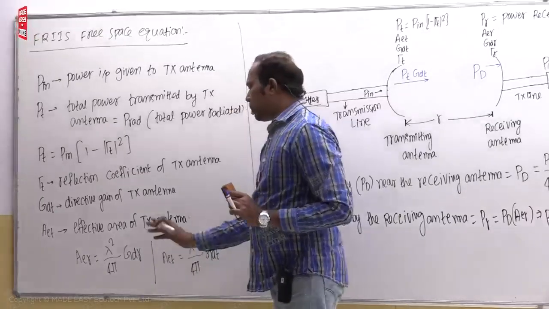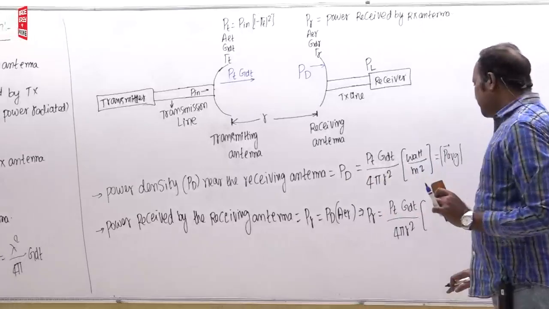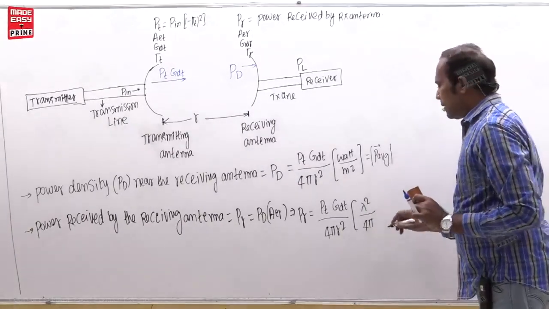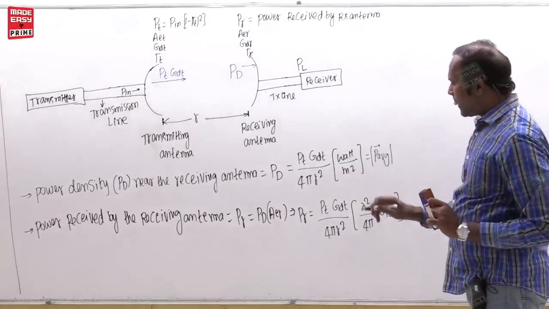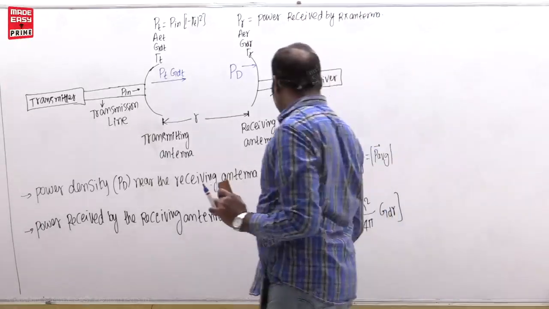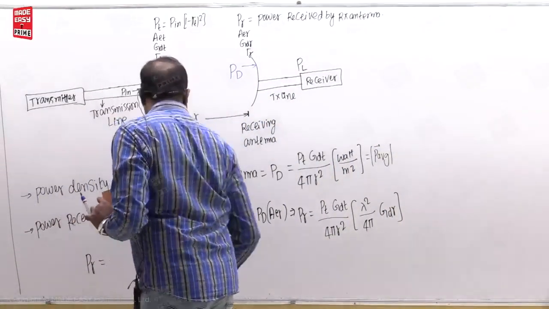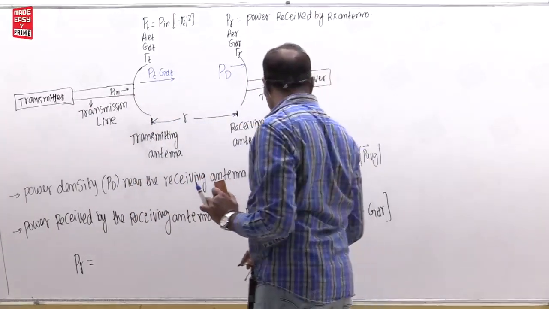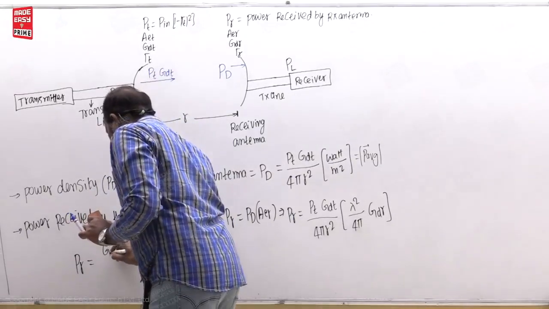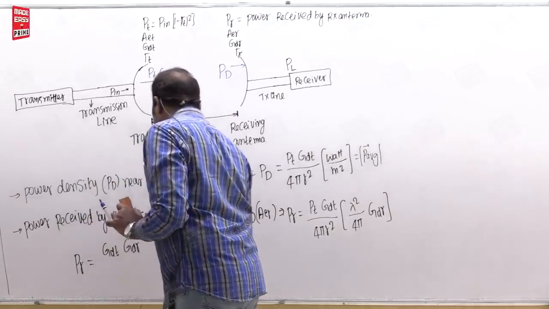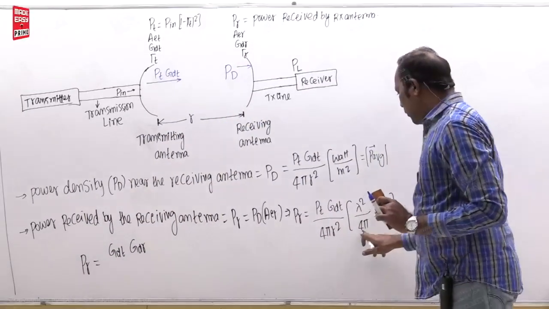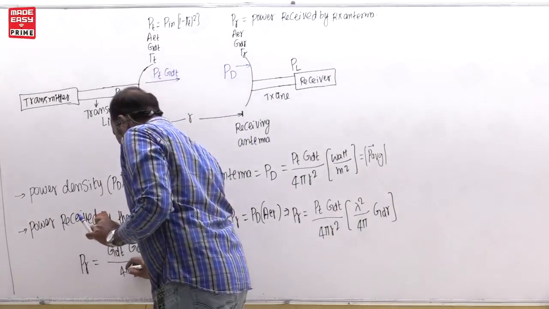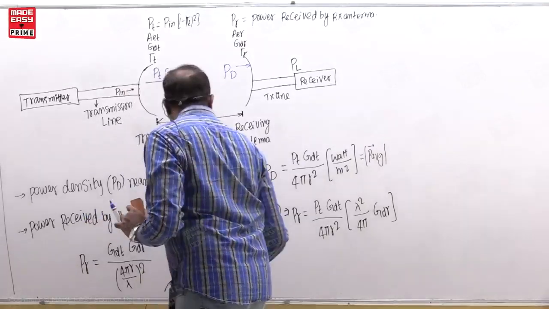Generally GDT is equal to GDR, then both effective areas will be the same. Now PR is written like this: PR is equal to GDT, GDR, they are gains, over (4 pi r by lambda) whole square, into PT.